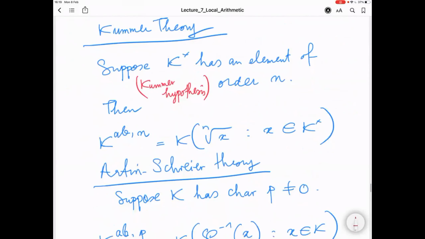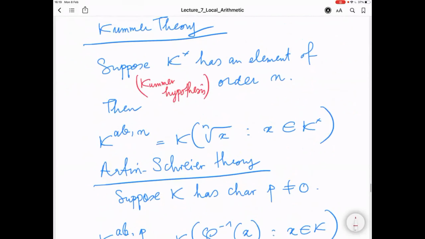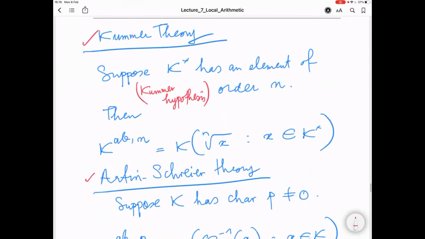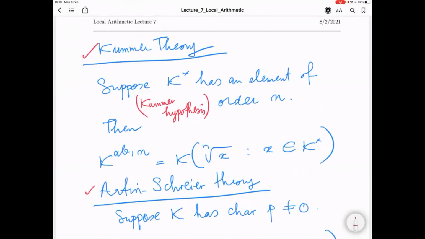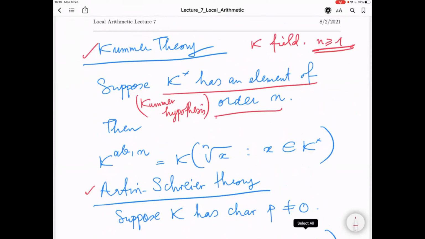Now I have to recall Kummer theory and Artin-Schreier theory to a small extent. Kummer theory deals with, these are all algebraic theories, which is to say they work for an arbitrary field K. K is a field, and n is an integer greater than 1. And we suppose that K* has an element of order n.